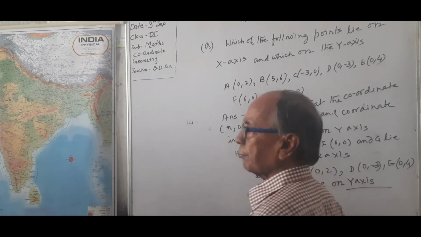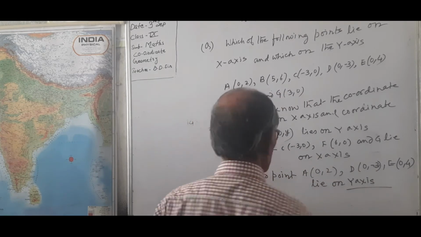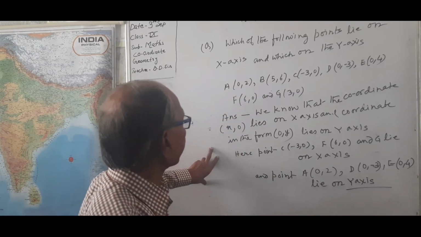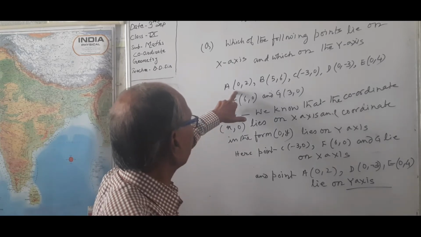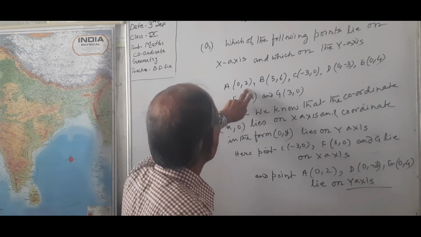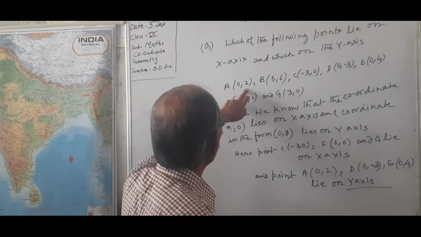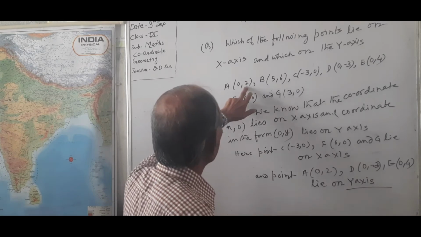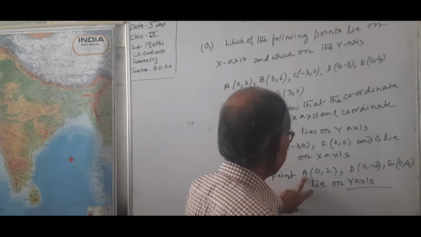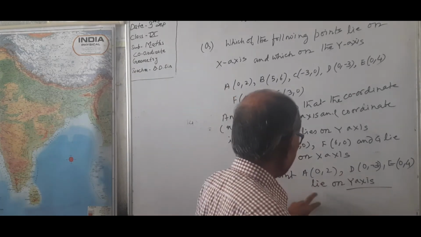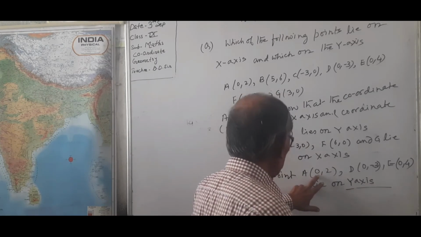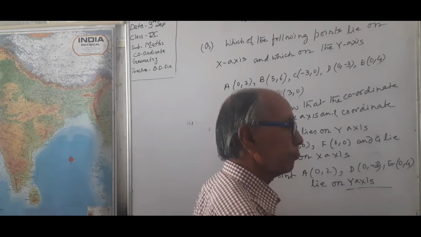Very simple question. If the x-coordinate of the point is 0, but the value of the y-coordinate is something, then we can easily say that these points lie on the y-axis. We see that the coordinates of A, D and E lie on the y-axis because the value of the x-coordinate in these points is 0.